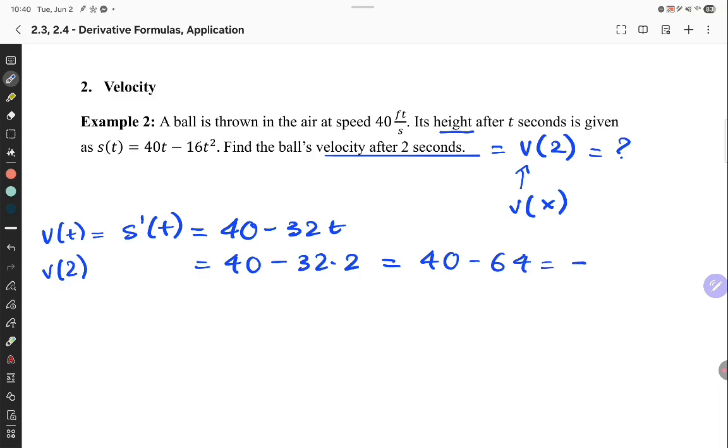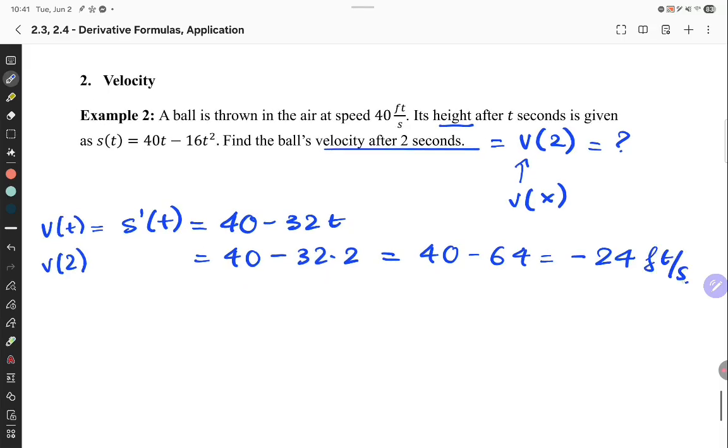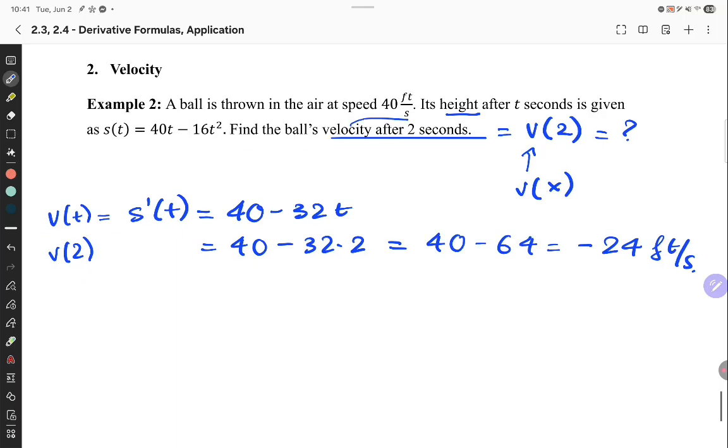That would be negative 24. Somebody give me a unit. Feet per second. Okay, I don't know why I gave this information. So yeah, and that's it.